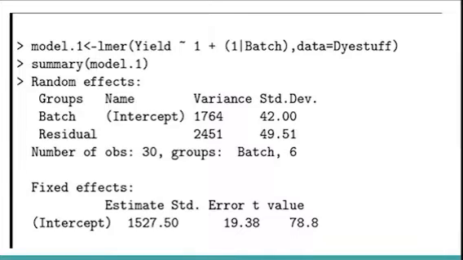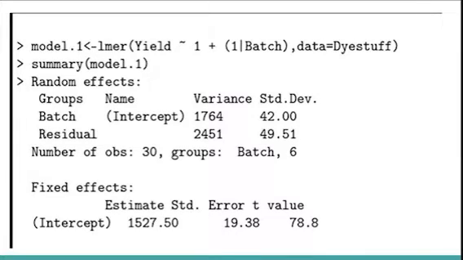Now this is R code with the R output, where we are considering a one-way analysis of variance, and the only factor in the model is Bash, and it's random.